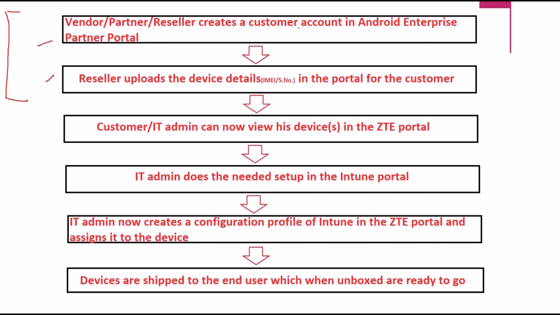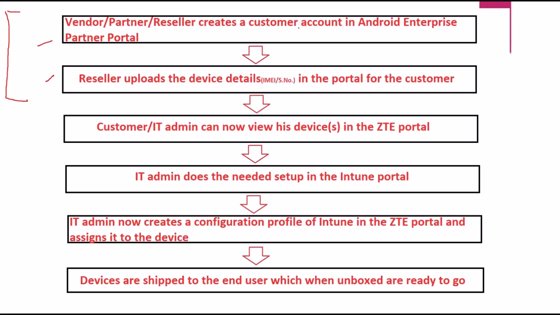Let's say that I have a company named Everything About Intune, and I have purchased 10,000 devices. So first I need to go to the partner or reseller, and he is going to create a customer account for the customer with the name Everything About Intune, and he's going to give me a customer ID, which is going to be a numeric 8-digit or 9-digit customer ID.